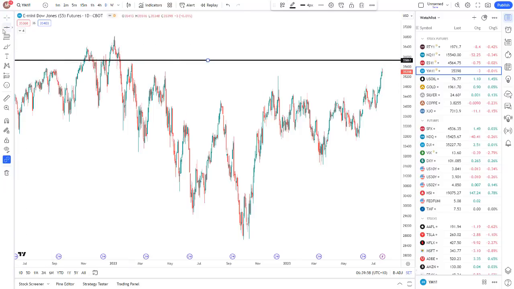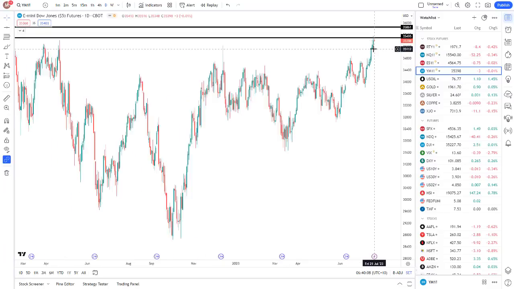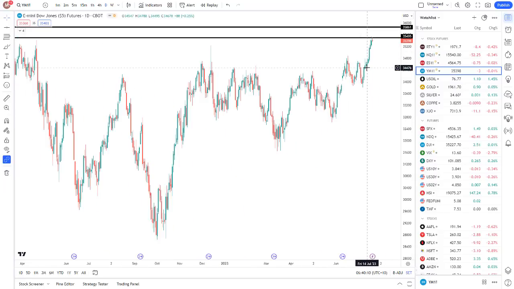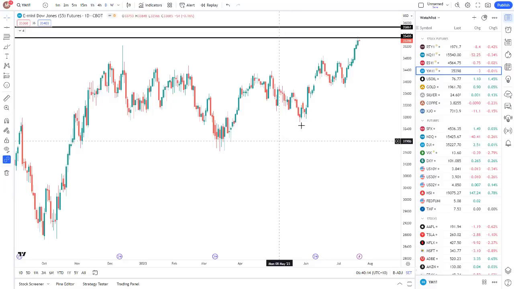So we definitely have a couple of levels of support and resistance going on through here, as you can see, all through here. Those levels just above are resistance levels. But that being said, guys, we are now in an upward trend, a very strong upward trend, actually.